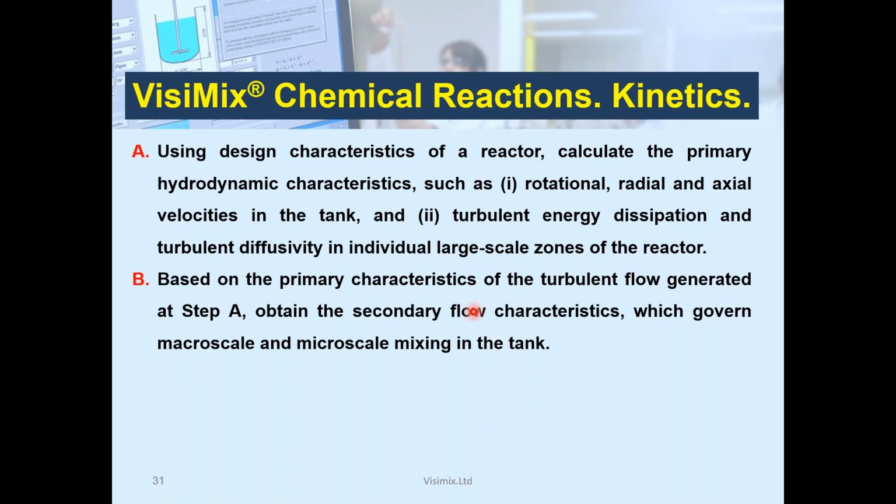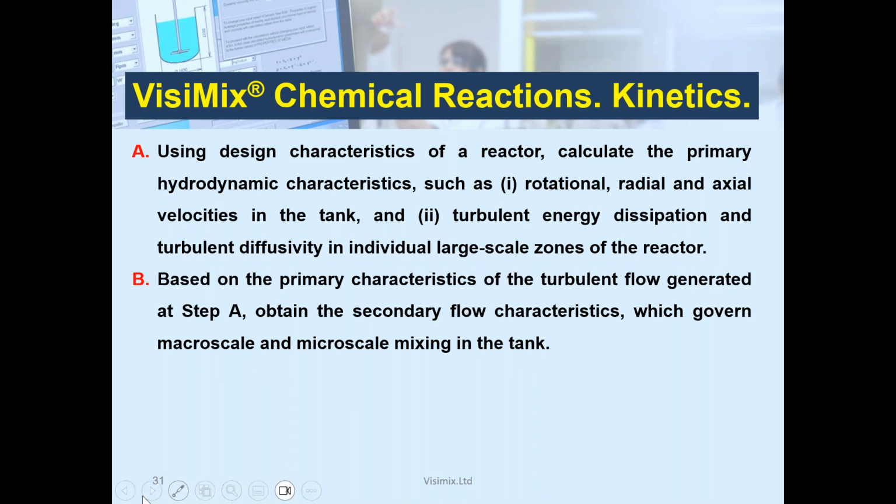Based on the primary characteristics of the first part, the velocities in the tank and turbulent flow generated in step 8, we obtain the secondary flow characteristics, which govern macro scale and micro scale in the tank. So what is the main news? That we're including the microfluid that happens in the tank as a part of the consideration of the mixing and the reaction, or the material interaction to generate the reaction in the tank.